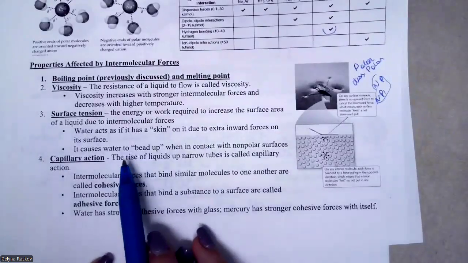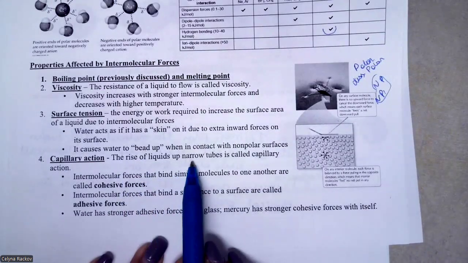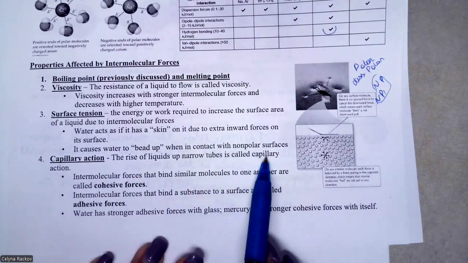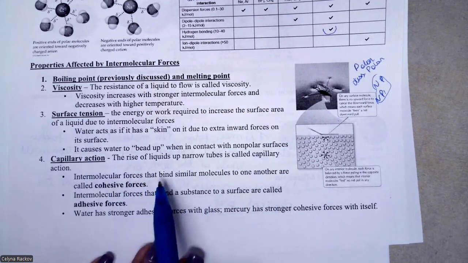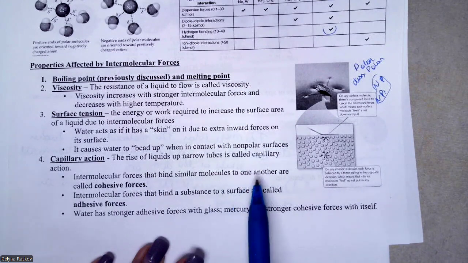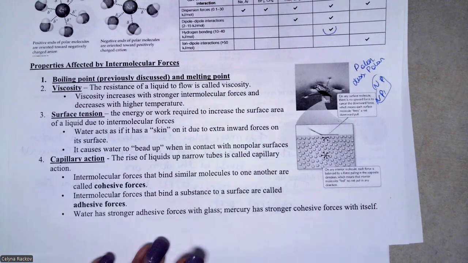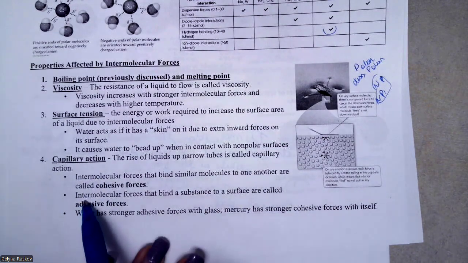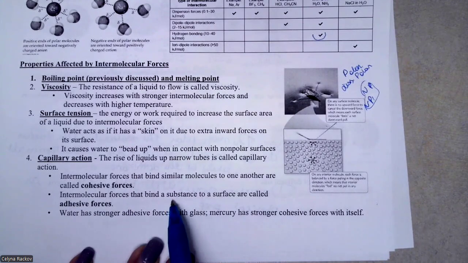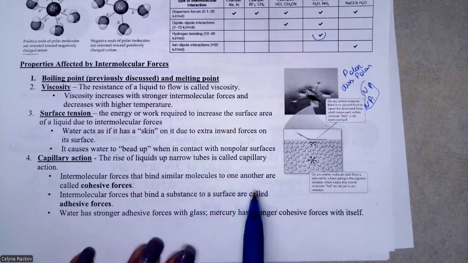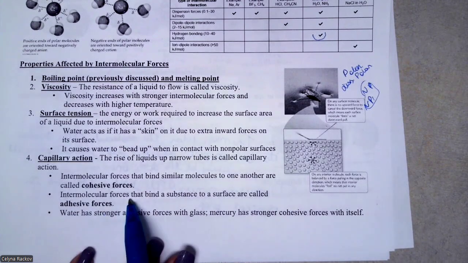Capillary action is the rise of a liquid in narrow tubes. The intermolecular forces that bind similar molecules to one another are called cohesive forces. The intermolecular forces that bind a substance to a surface are called adhesive forces, right?